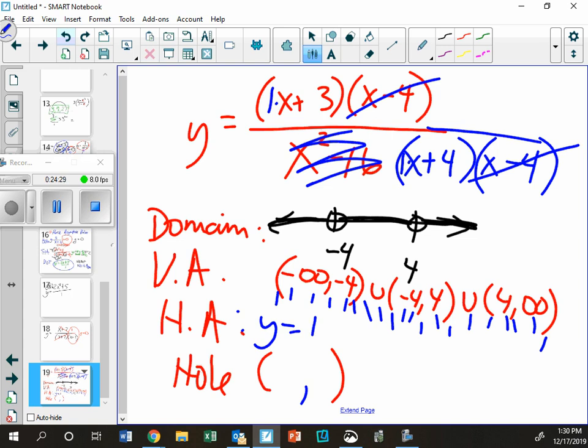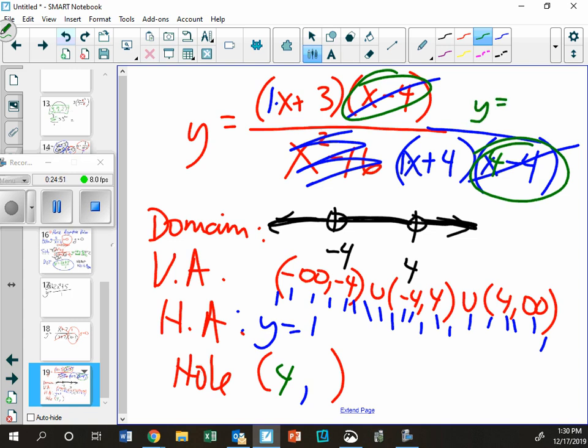Okay, awesome. The last one, hole. The hole is where these guys canceled. They created a hole at 4. Why 4? Because it's the thing that makes the bottom 0. 4 comma what? I never wrote the resulting function, and I'll need it now, so I'm going to do it now.